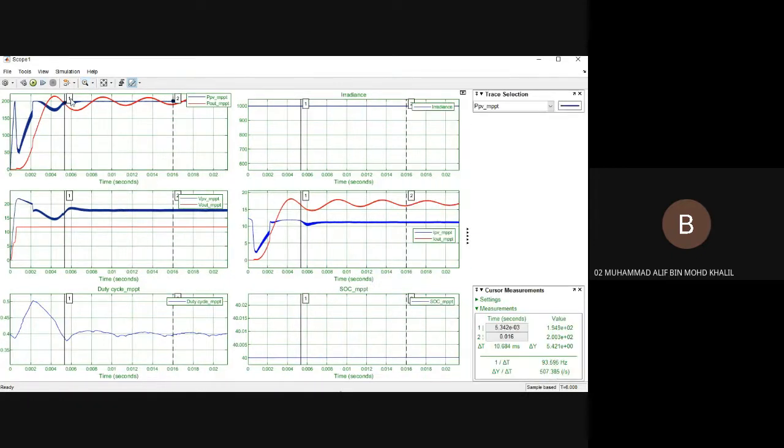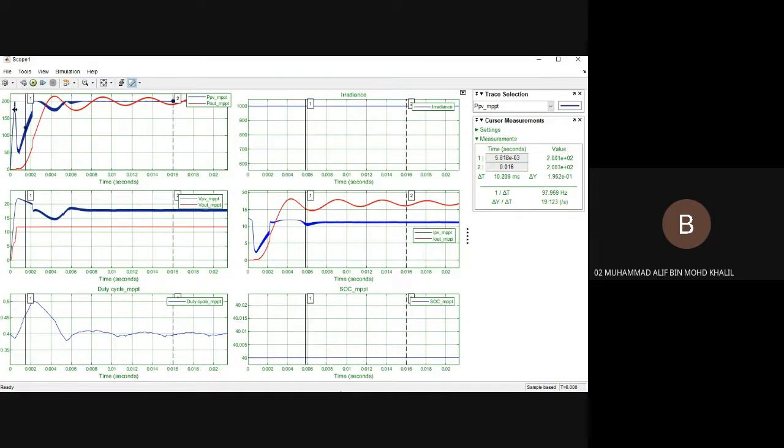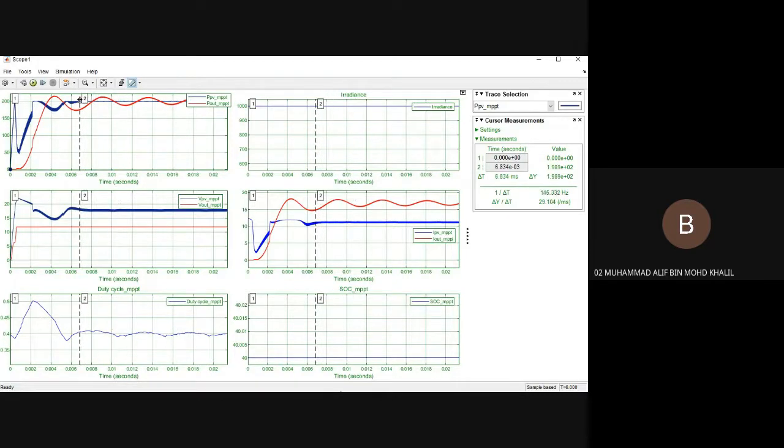So it is from 0 until this point, the settling time. So it's around 6.834 millisecond, or 7 millisecond.